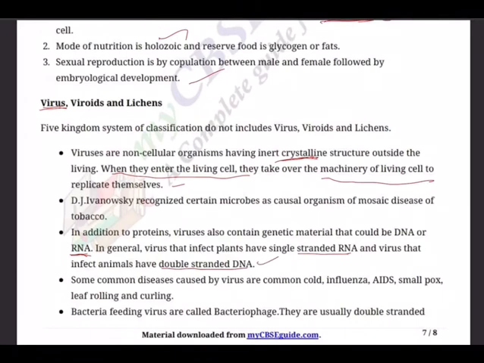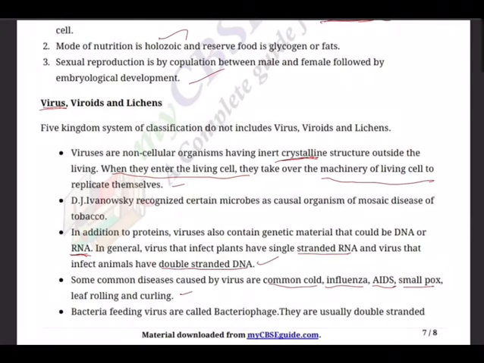Some common diseases caused by viruses are common cold, of course influenza, AIDS, smallpox, leaf rolling and curling. Of course, right now the one that is making you stay home, not able to come to school, is the virus COVID-19.